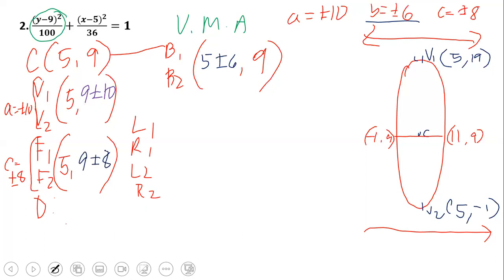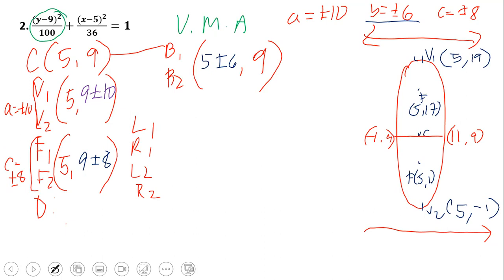So ibig sabihin, yung isang focus is located here, which is the 5 and 17. Yung isa is the focus natin is at 5 and positive 1. So 9 minus 8 is 1, tapos 9 plus 8 is 17.